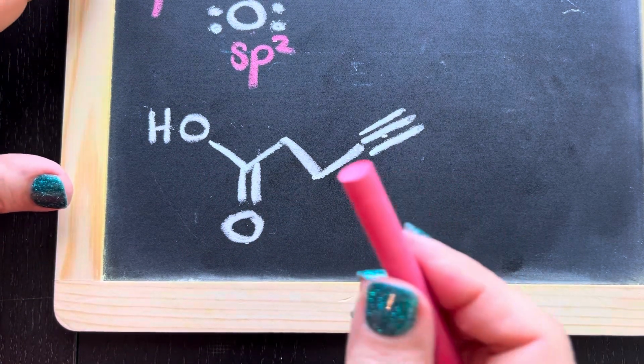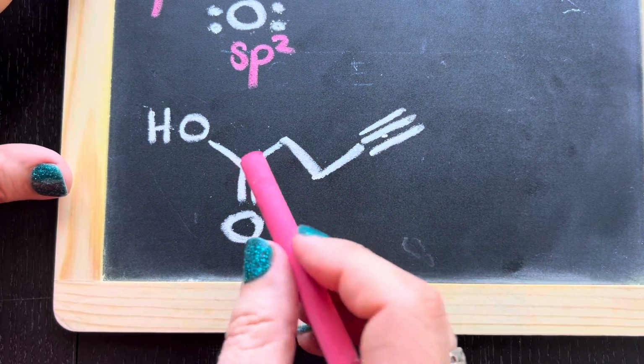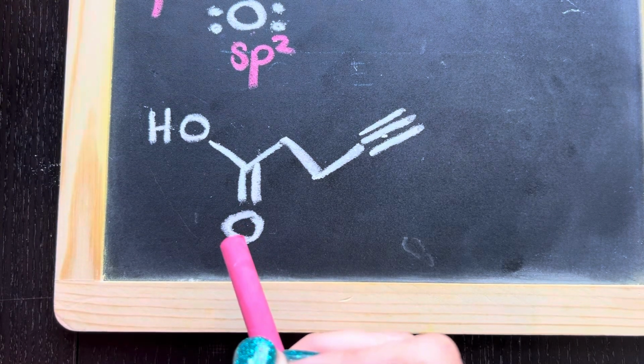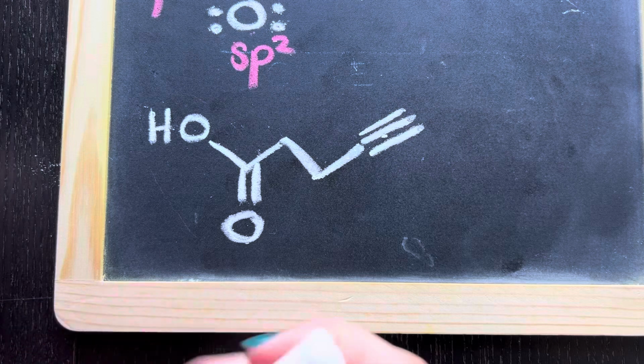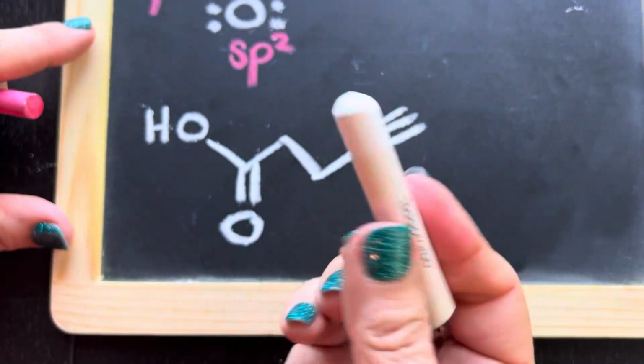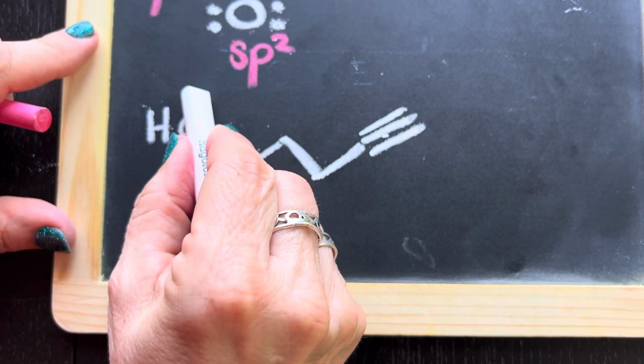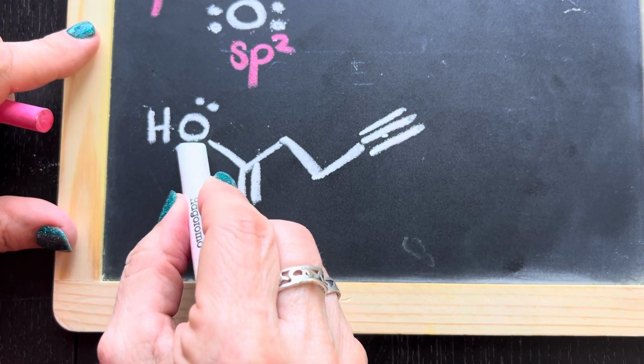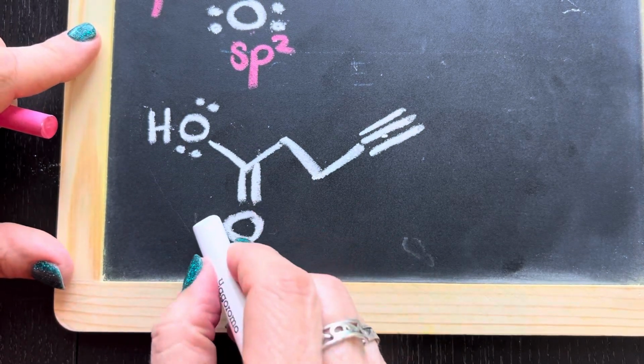Okay, so in terms of looking at the hybridization of these, some of this will look similar to what we just did. Let's start out just reminding ourselves where we would expect to have lone pairs.